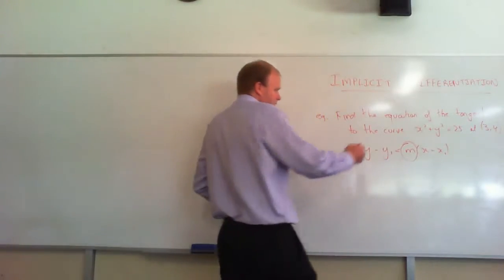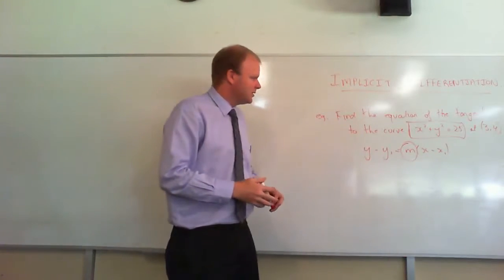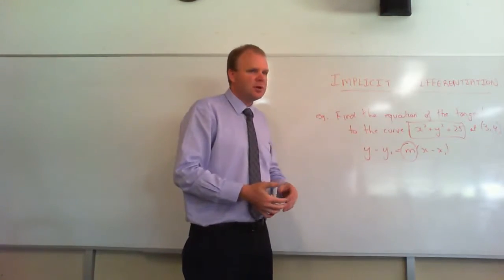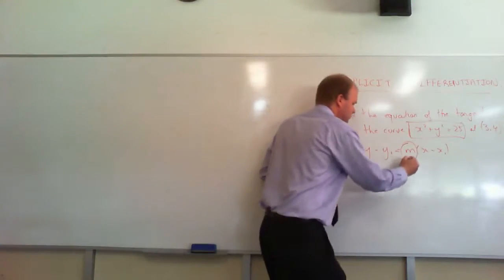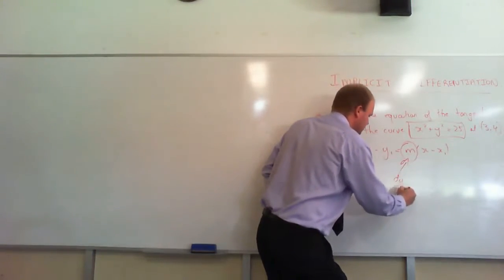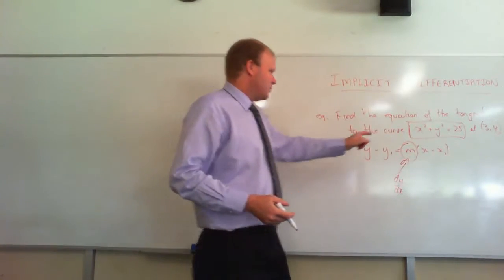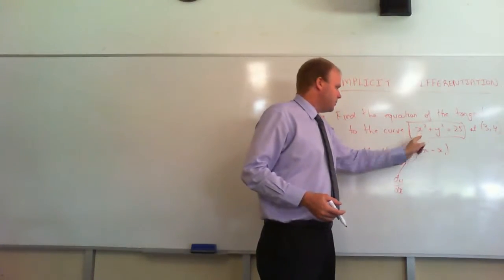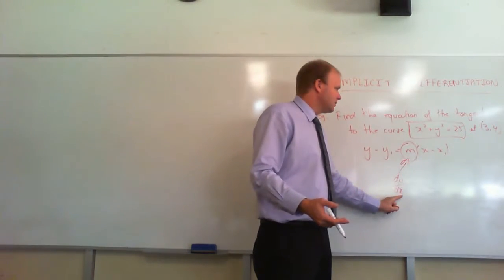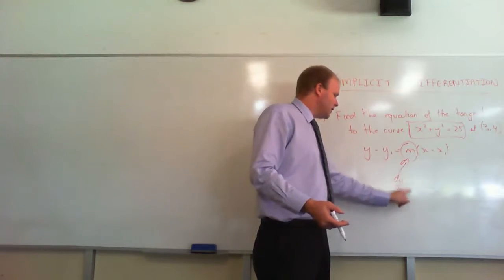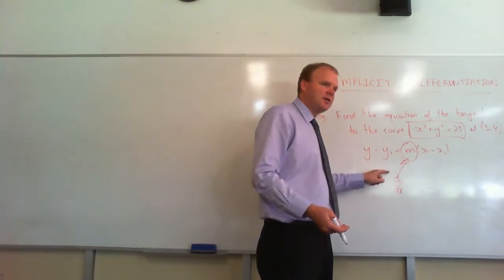Now the problem with this equation here is that to find the gradient we normally need dy/dx. This is dy/dx, the gradient at a particular point. But in order to get dy/dx, what do we really need? What would be the equation that we need before that?